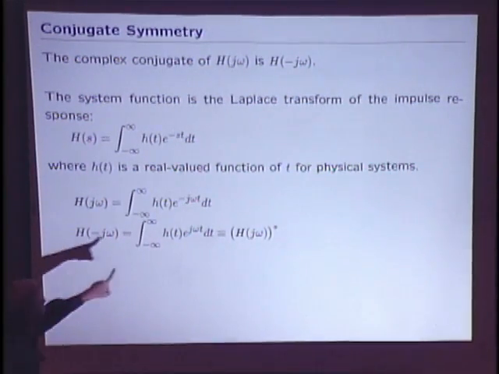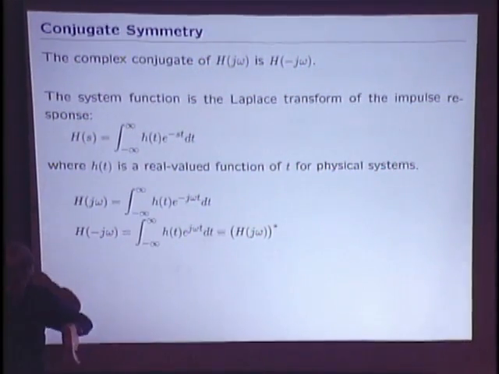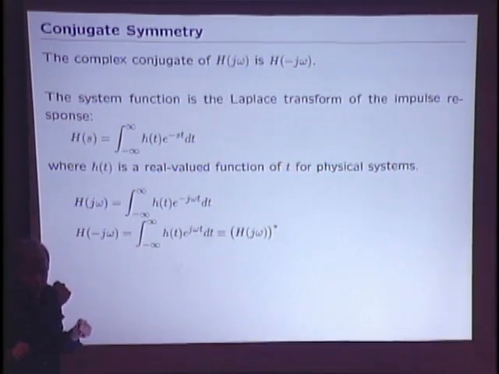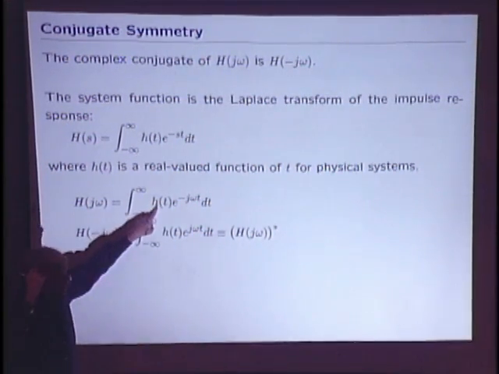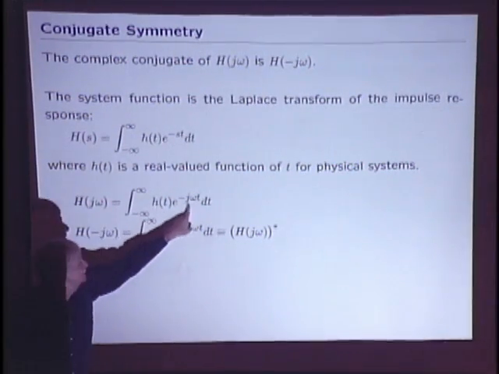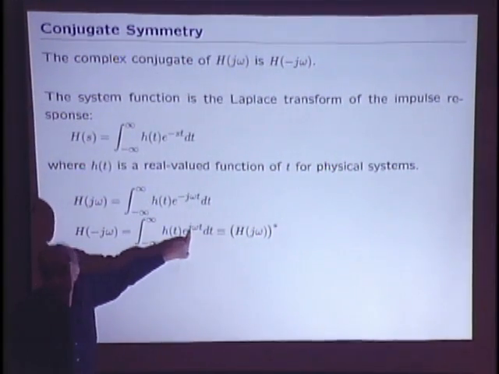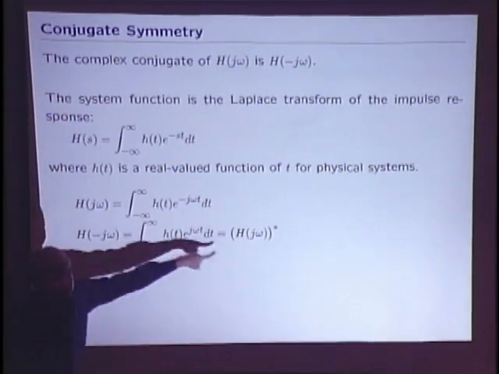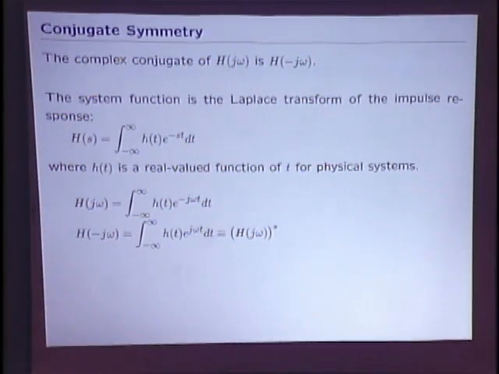Since h of t is real, and I just argued that for a physical system h of t has to be real, the only j in this equation is that one. It's negative here. So negating j is the same as taking the complex conjugate. So I don't really have to compute two different system functions, two different eigenvalues. One is the complex conjugate of the other.